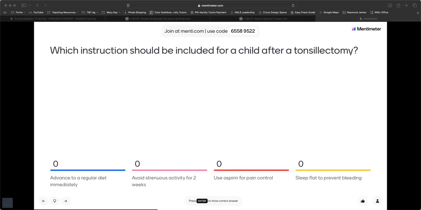Okay, what instructions do we need to include after a tonsillectomy? So thinking about that discharge teaching for tonsillectomy.